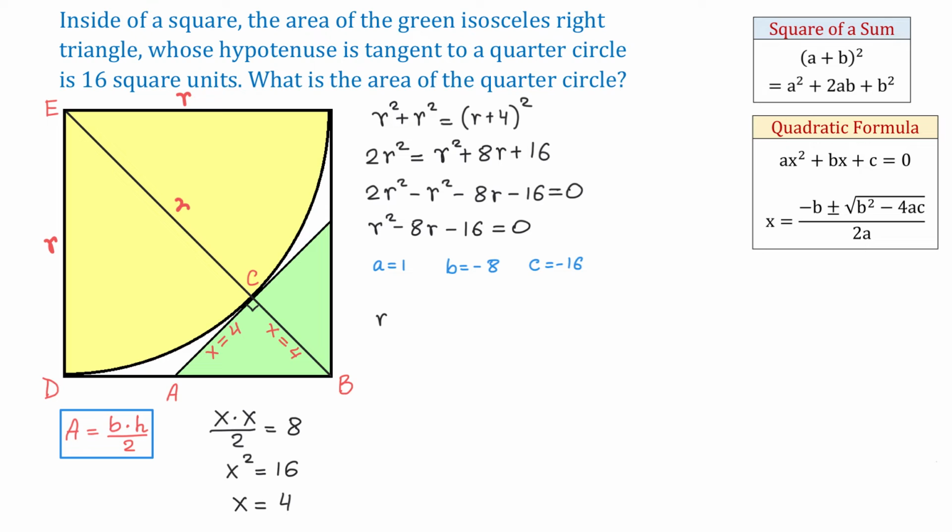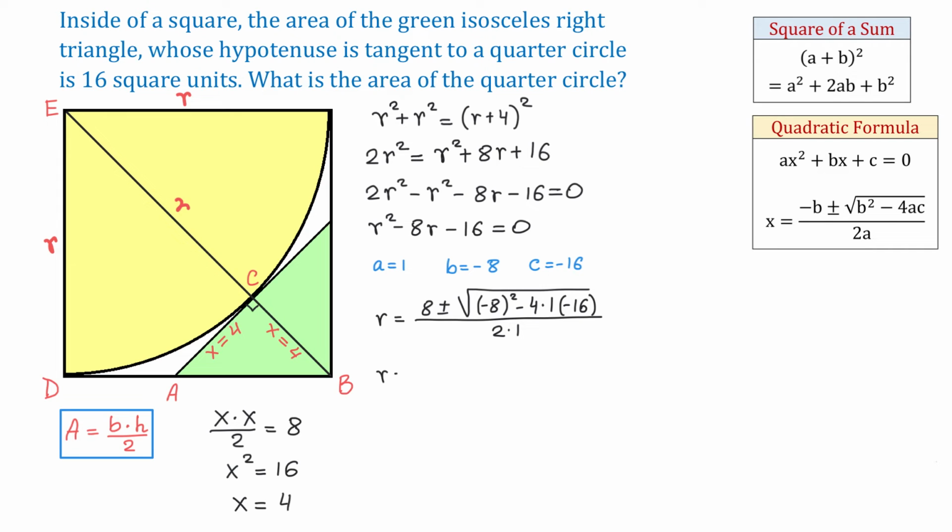Then r equals fraction, and in place of negative b, we will write positive 8 plus or minus square root, and inside we will have negative 8 squared minus 4 times 1 times negative 16. In the denominator, we will have 2 times 1.